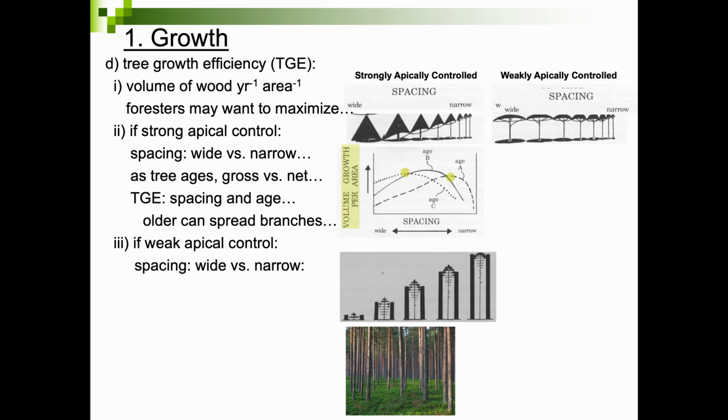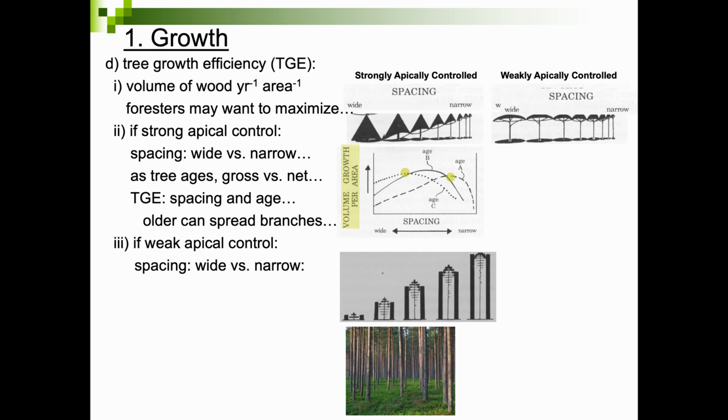This is not efficient because these trees produce many more branches where there is available light. Those branches have a lot of live tissue that needs to be supplied with a lot of photosynthates, right? And think about all this self-shading, especially in the upper canopy of these weakly apically controlled trees.